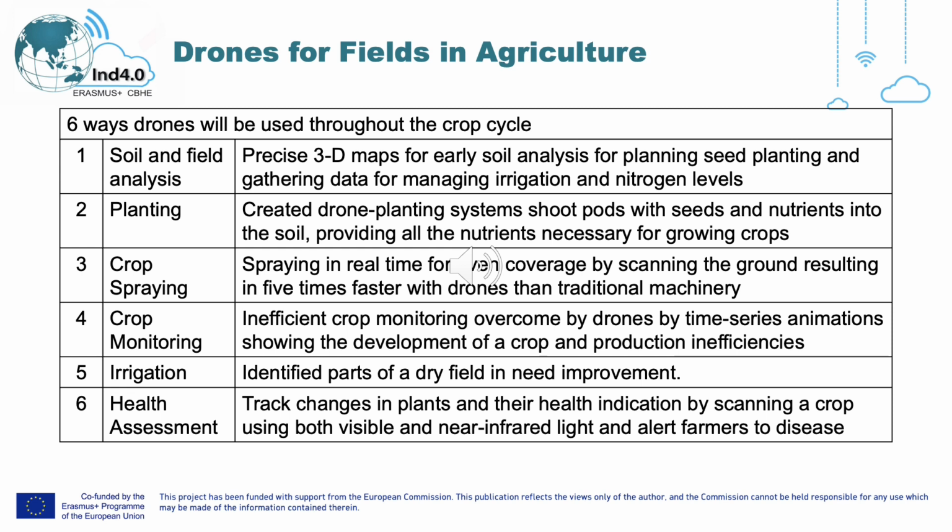Number 5, irrigation. Sensored drones can identify which parts of a field are dry and in need of improvement. And lastly, health assessment. By scanning a crop using both visible and near-infrared light, drone-carried devices can help track changes in plants and indicate their health and alert farmers to diseases.